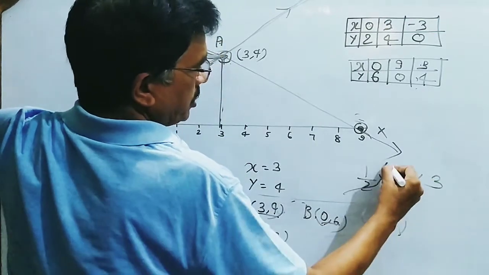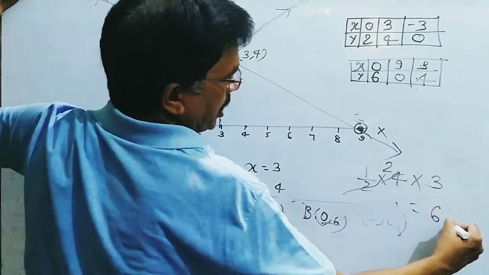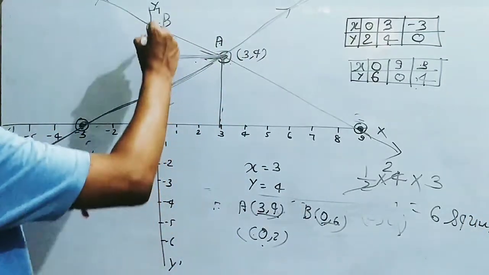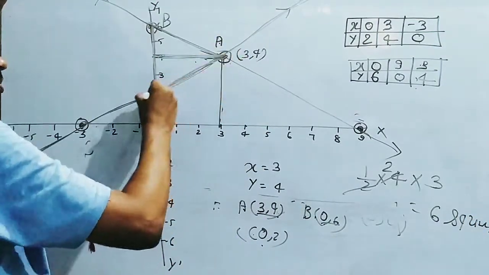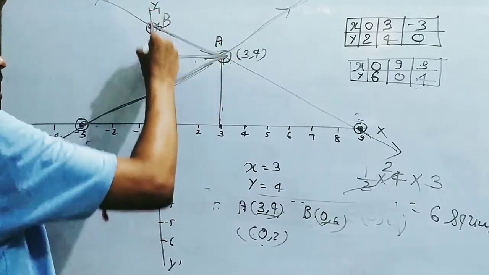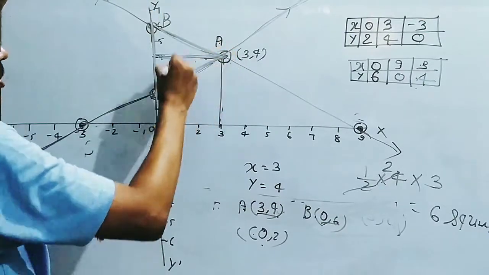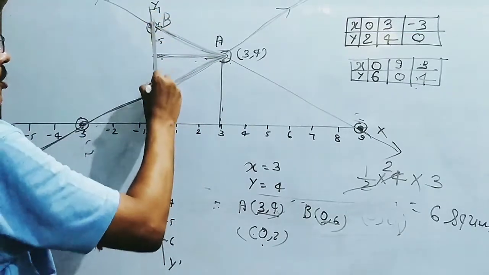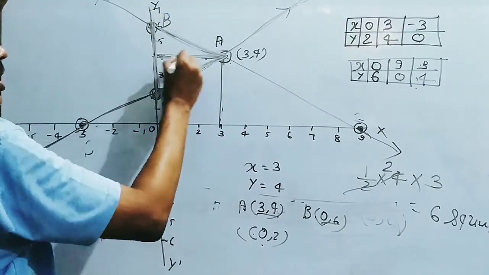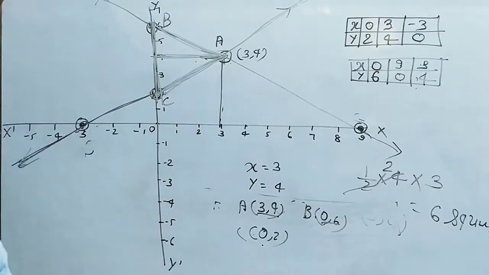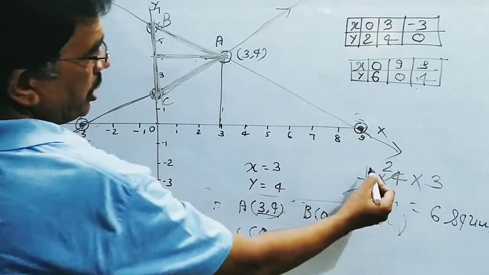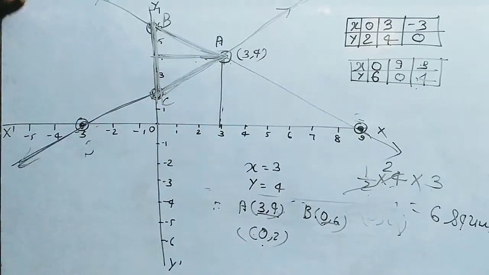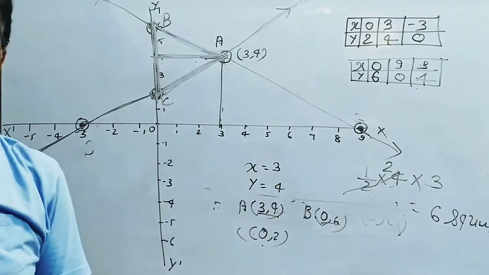So cancel it, 2, that is 6 square units is the area of the triangle formed by the y-axis and these two lines. So base is 1, 2, 3, 4 and height is 3. Then you can find the area of the triangle, that is 1/2 into base into height. Base is 4, height is 3. So it is the solution of your question.